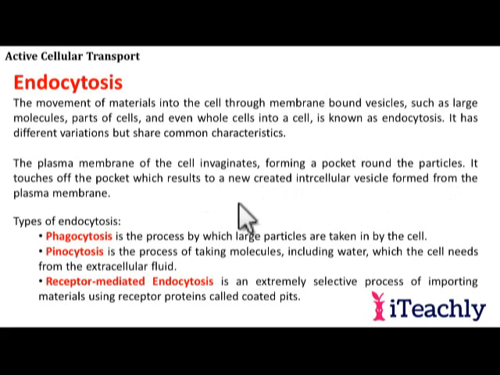It pinches off the pocket, which results in a newly created intracellular vesicle formed from the plasma membrane. Okay, now that just means it forms a little sac called a vesicle to get the stuff inside of the cell.